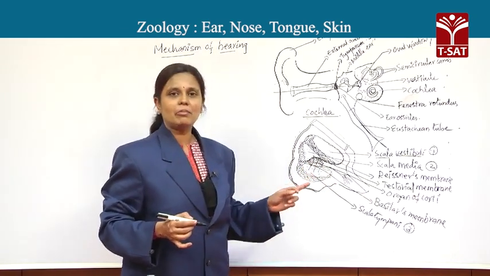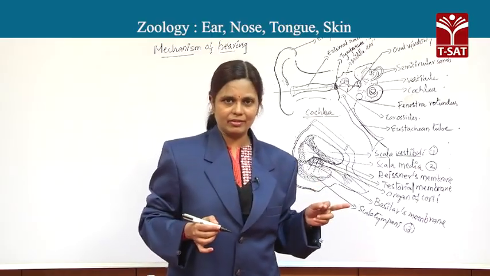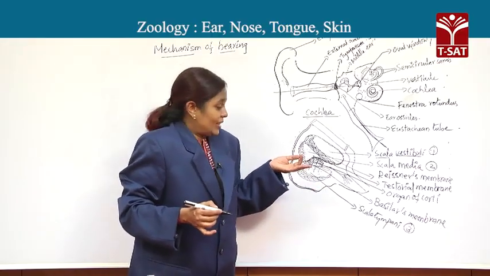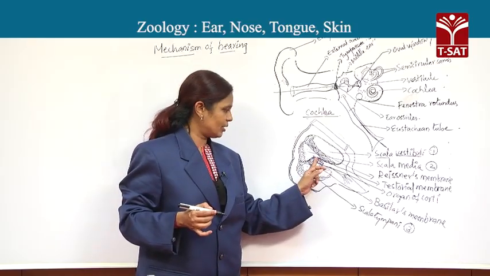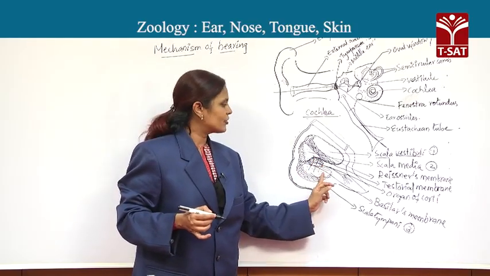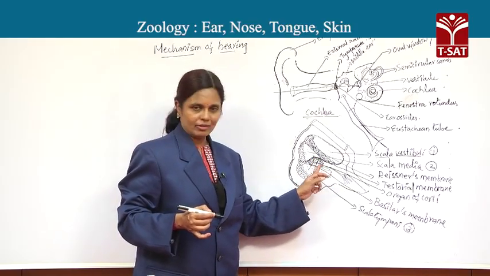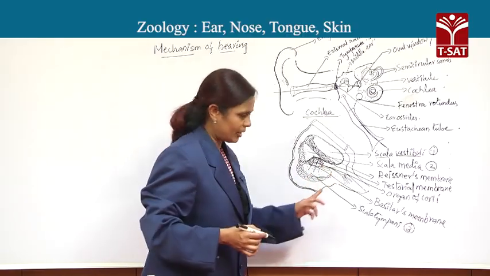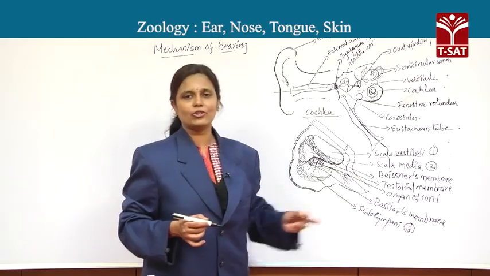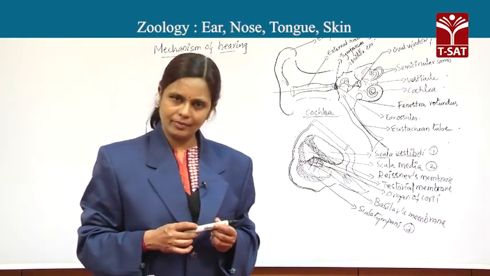Now, this tectorial membrane is an elastic membrane that can be stretched, right? Now, the stretching of this tectorial membrane generates action potential in the hairy cells, and now the action potentials are received by the cochlear branch of auditory nerve.